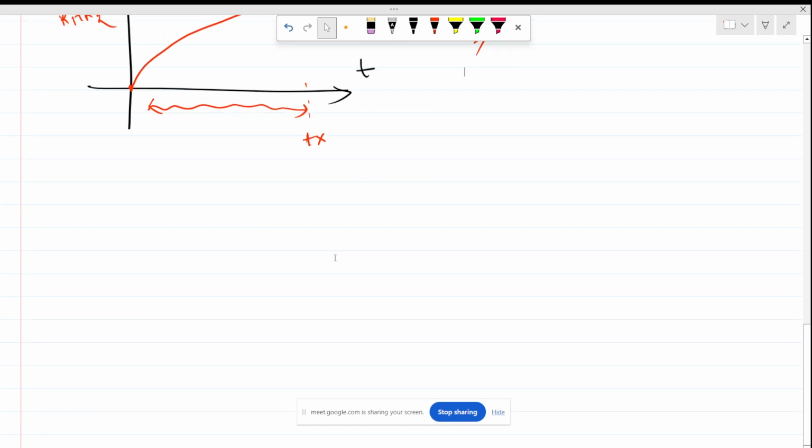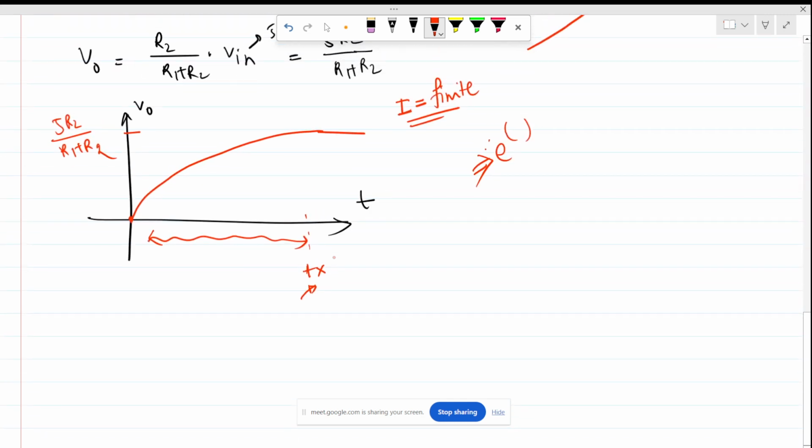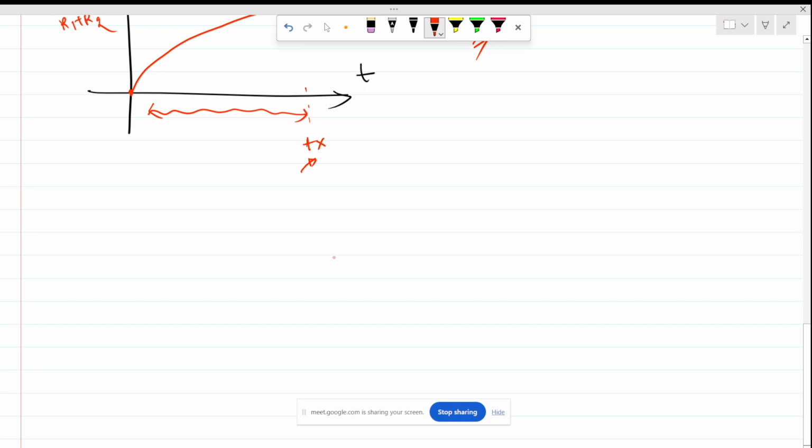Now the question is, what can be the Tx so that the output becomes this voltage? We know that if t equals 5 times the time constant, then it reaches almost steady state.